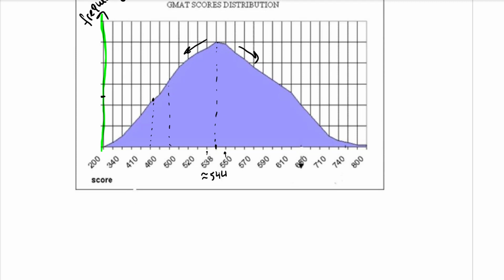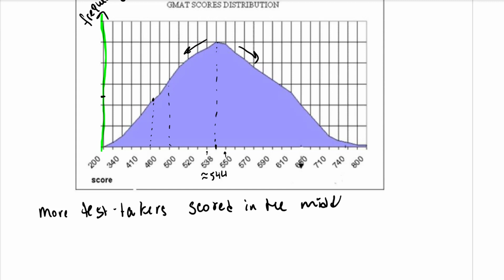If you want to write something that would describe the distribution, we can say the more test takers scored in the middle of the score range, because it goes between 200 and 800. So about what number is in between? It looks like it's around 544.